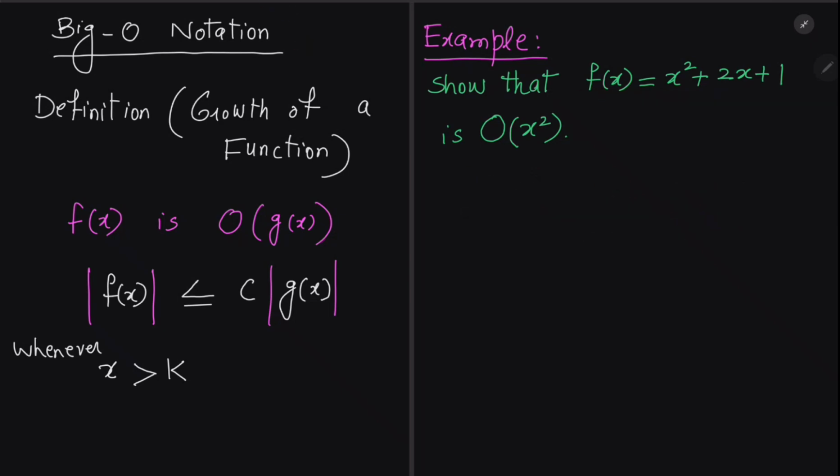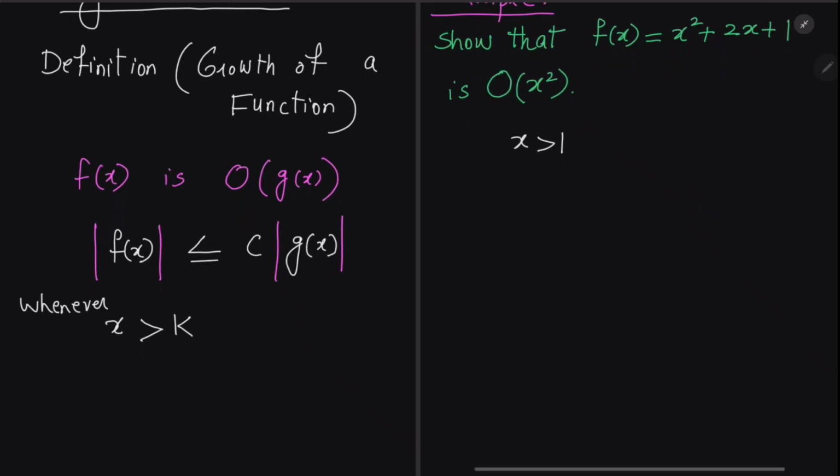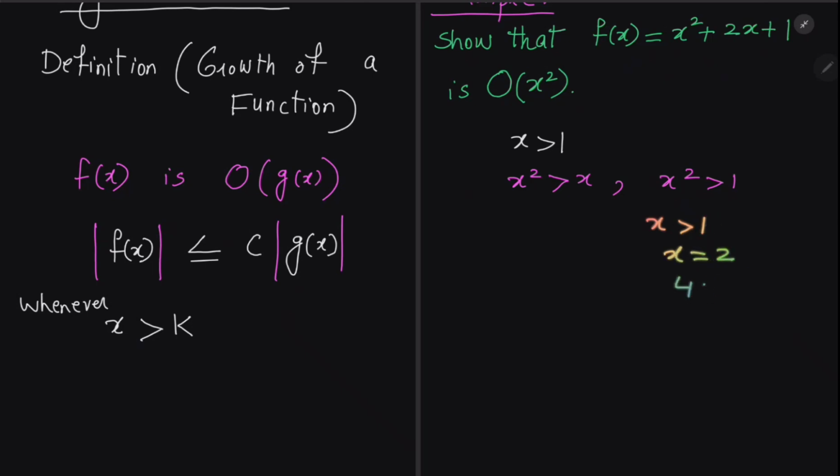So how do we start? For example, you say that x is greater than 1. You will understand where this comes from. We multiply both sides with x, and we get x square is greater than x. We also notice that x square is always greater than 1, since if you put x equal to 2, you get 4 greater than 1.